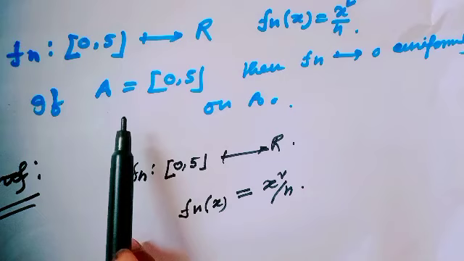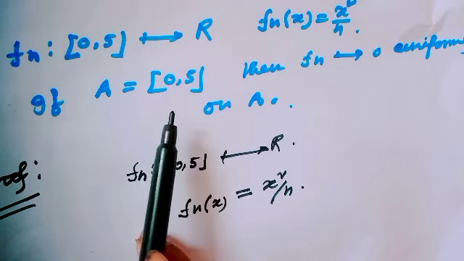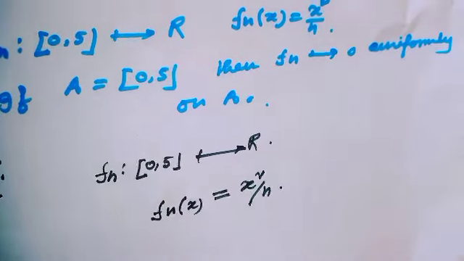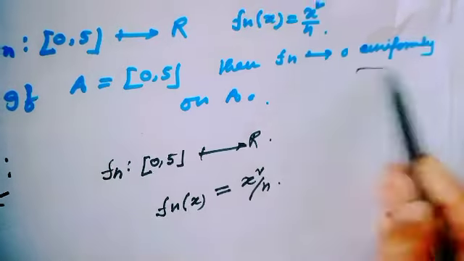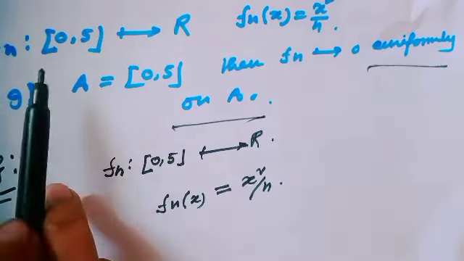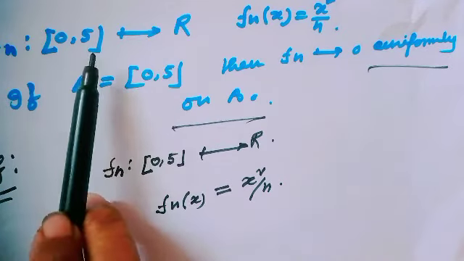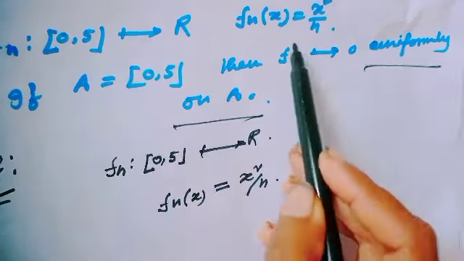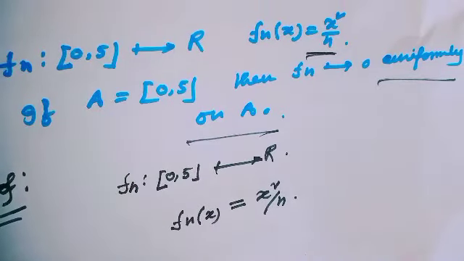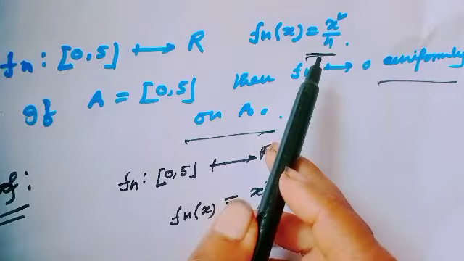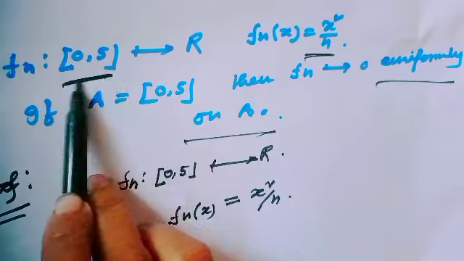Here the set A is the closed interval [0, 5], and we have to prove fn converges to 0 uniformly on the set A. Since the function is defined from a closed and bounded set to R, and since this function is a polynomial function, it is always continuous, so obviously this function would be bounded because the domain is closed and bounded.